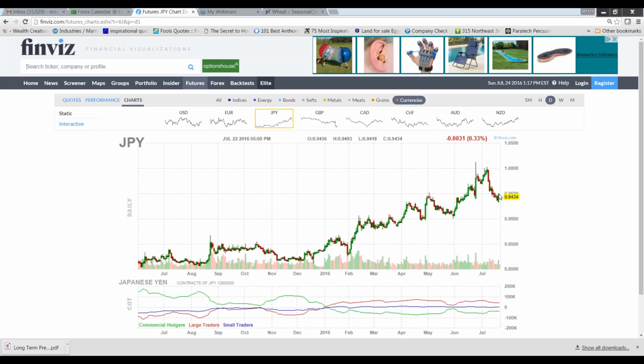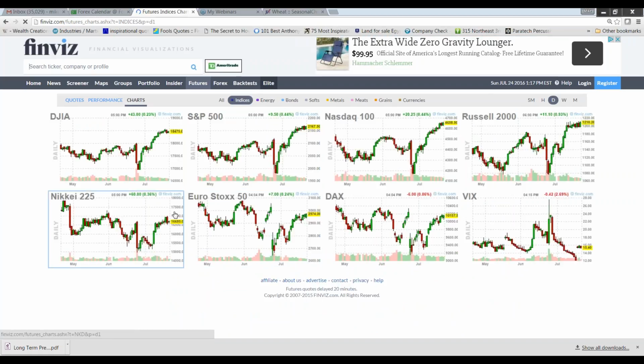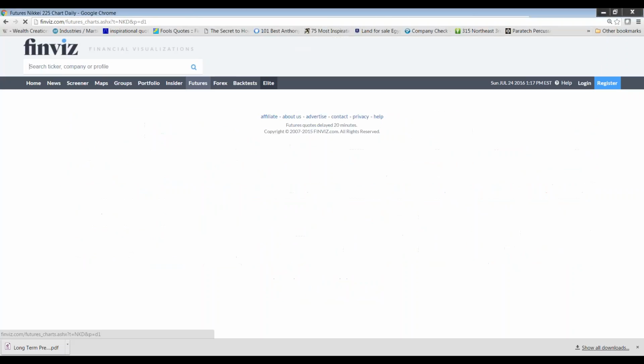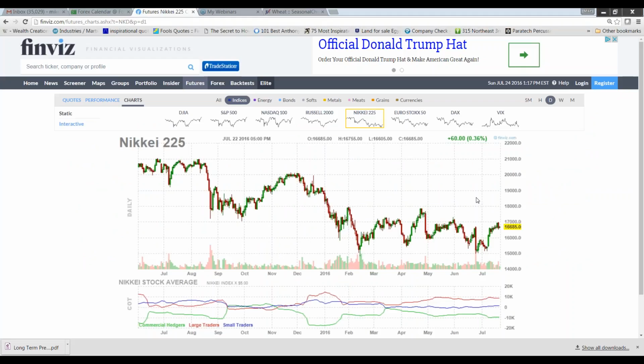So this is pretty much the case. So we can see that the Nikkei, this is a reversal day. I mean, Thursday is a big reversal day. And the reason I'm saying that is you can see that it went above the previous daily high on Thursday, turned around and closed below the previous day daily low.